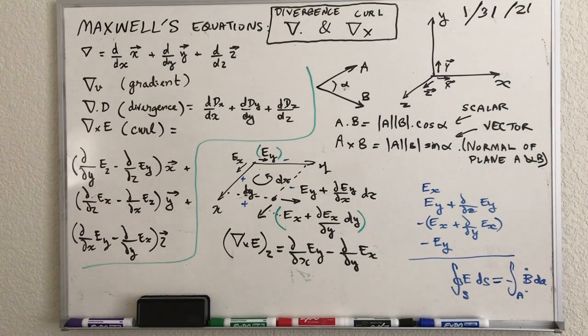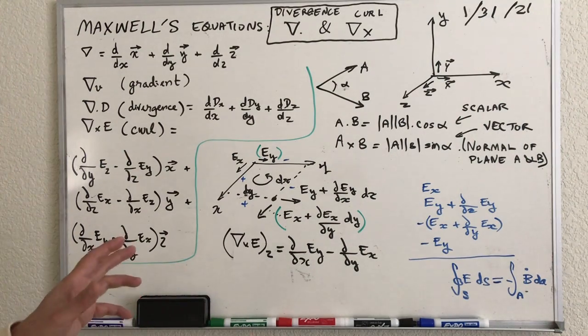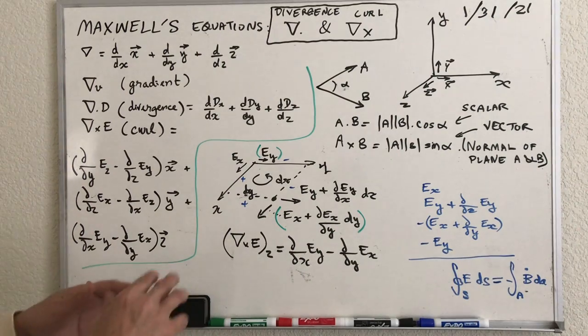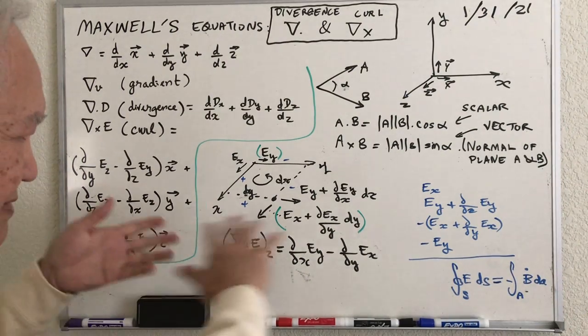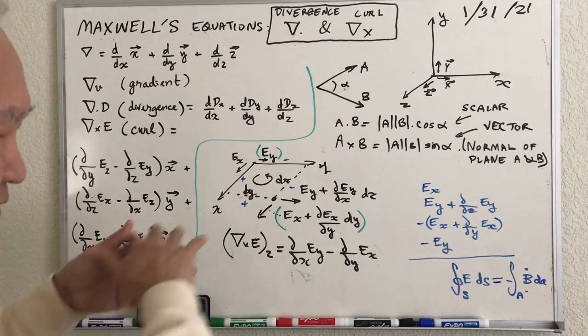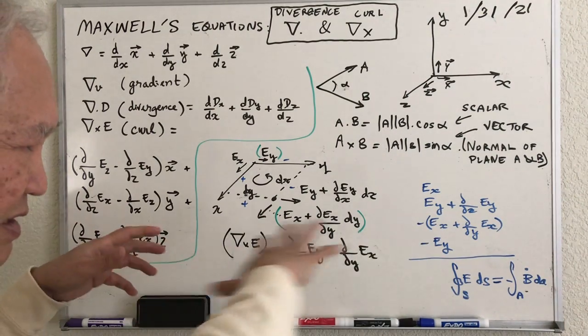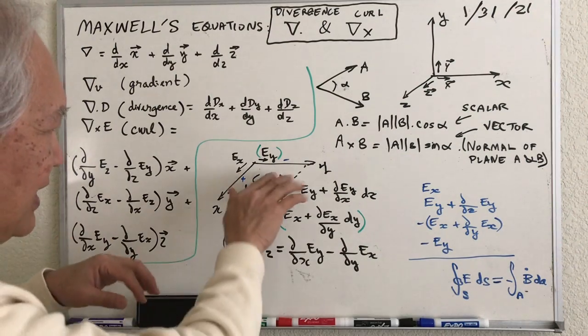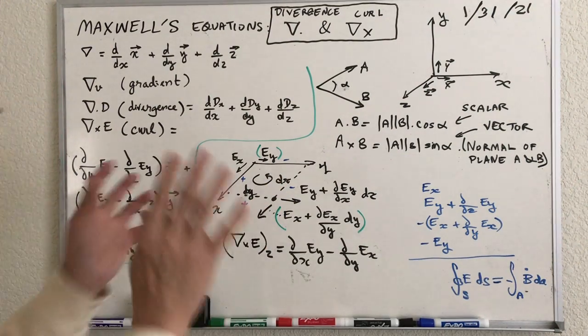Curl means like this. There's a visualization that textbooks often mention: think about a surface like the surface of water in a stream or a lake, and then you have a leaf that's floating on that surface.